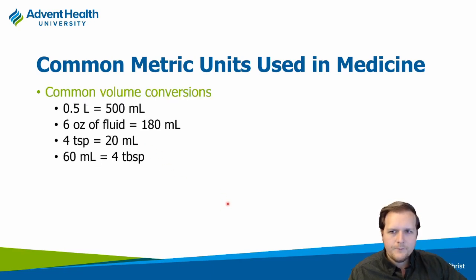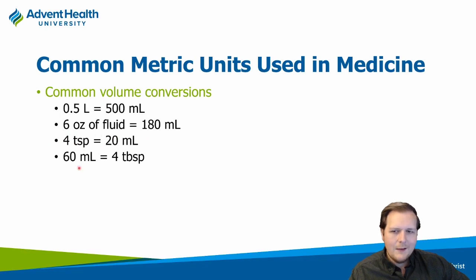So a common volume conversion, for instance, a half a liter, 0.5 liters, that's just 500 mLs, right? If I have 6 ounces of fluid, I know there's 30 mLs per ounce, that's 180 mLs, right? Simple multiplication there. So we got 4 teaspoons, right? I know there's 5 mLs in a teaspoon, so 5 times 4, I get 20 mLs.